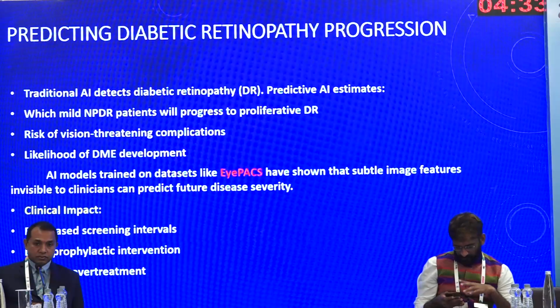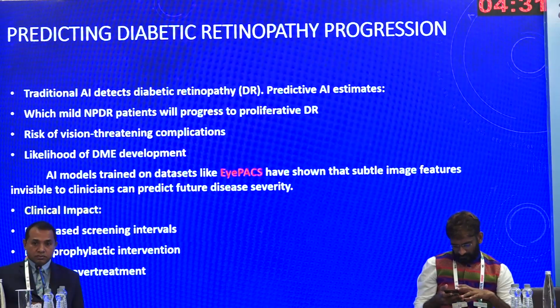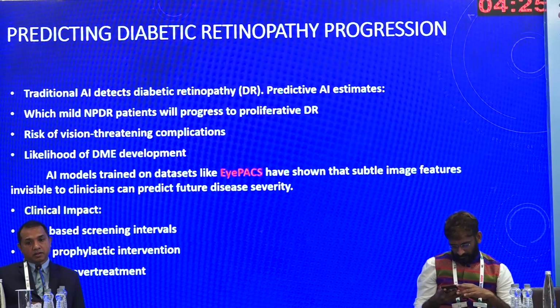For predicting diabetic retinopathy progression, traditional intelligence detects diabetic retinopathy. Predictive intelligence estimates which mild NPDR patients will progress to proliferative retinopathy, the risk of vision-threatening complications, and the likelihood of DME development. AI models trained on datasets like IPACS have shown that subtle image features invisible to clinicians can predict future disease severity.